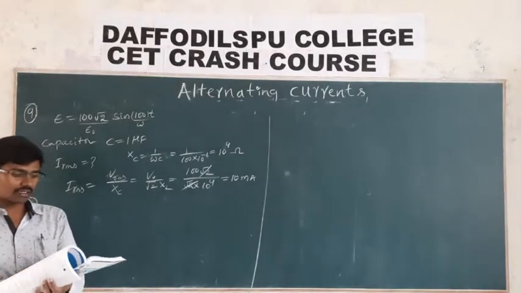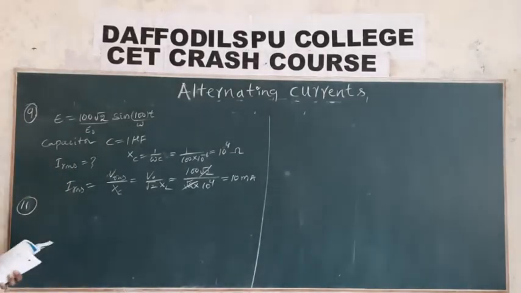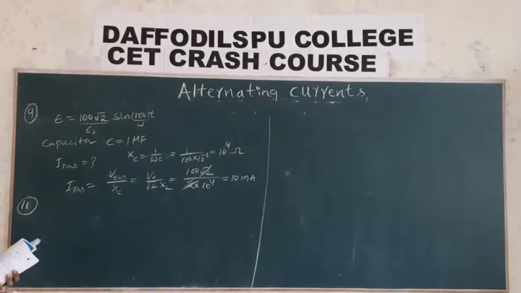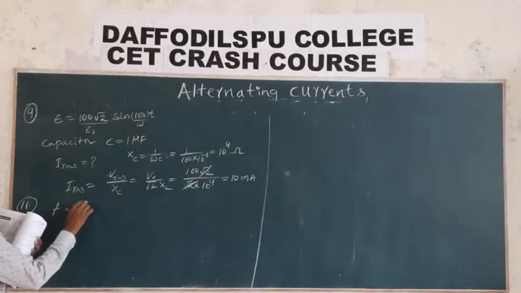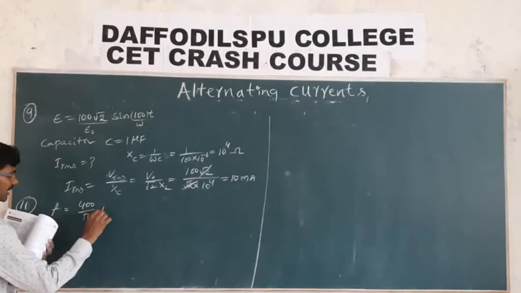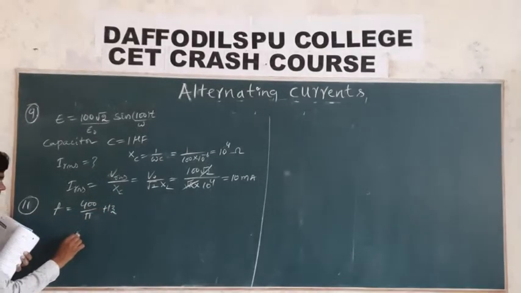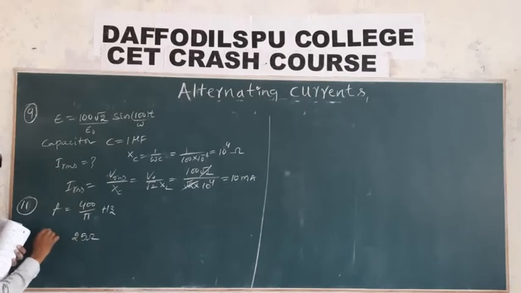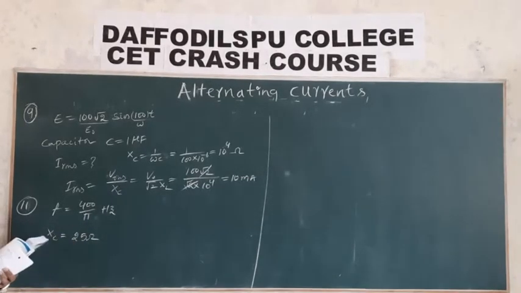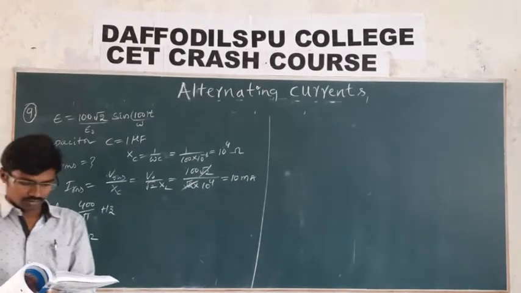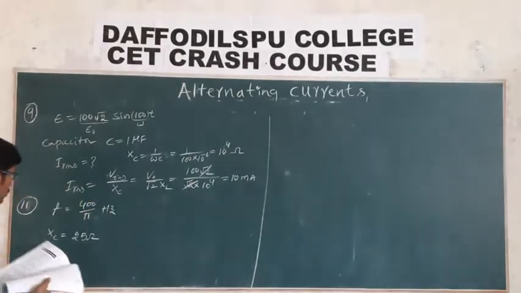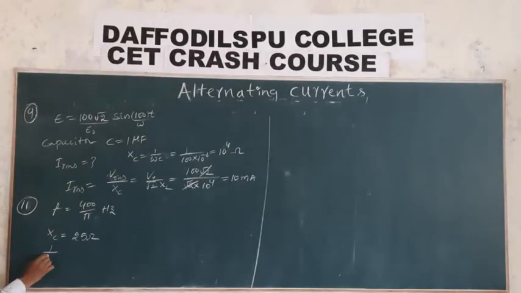Reactance of a capacitor of capacitance C microfarad for AC frequency. The frequency of AC is given as 400 by pi Hz, and the reactance is 25 ohm. What is this 25 ohm? Capacitive reactance. The value of this is just 1 by omega C, which is equal to 25.